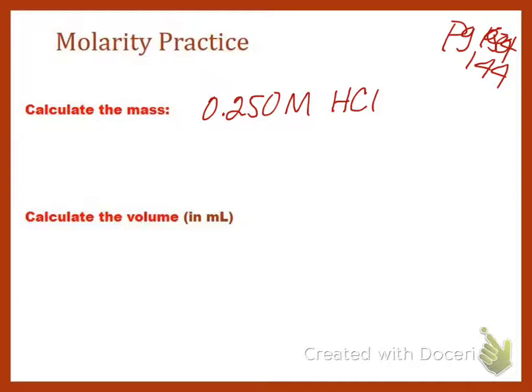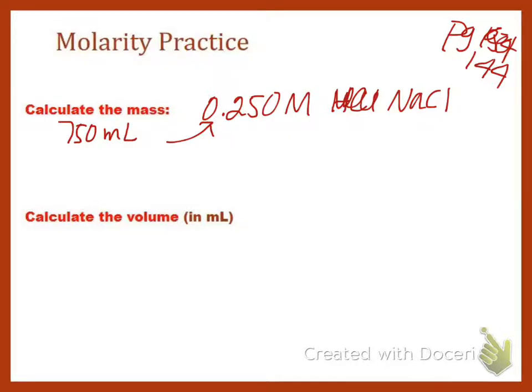So I want 750 milliliters of that, okay? And so I need to calculate the mass that I would need to add to it, okay? And actually that would be a liquid, so let's make this sodium chloride. Change that to sodium chloride. Because I wouldn't mass out HCl because it's an acid.